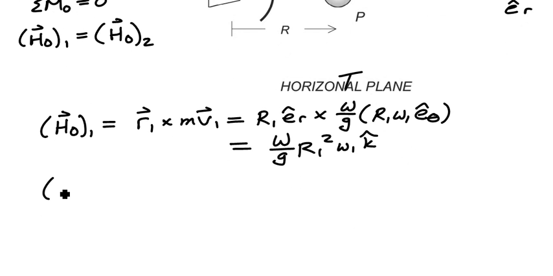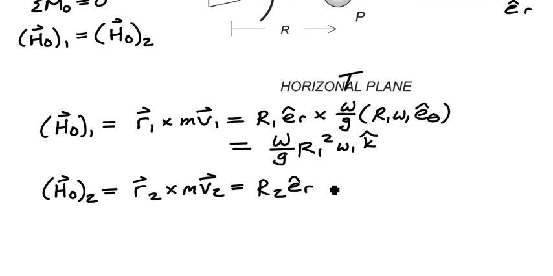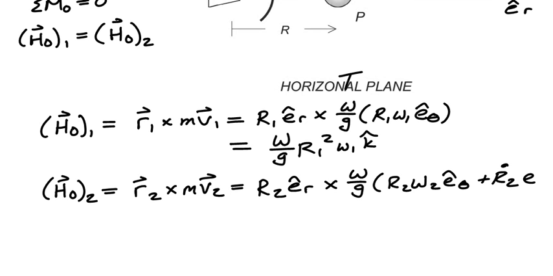I can then adopt a similar procedure for h about O at state 2, and if I do that, I'll have that it's equal to r2 cross m times v2. And if I do the substitution here, what I'll have is that this is equal to r2 in the e sub r cross w over g times r2 times omega 2 in the e sub theta, plus a term that looks like r2 dot in the e sub r.